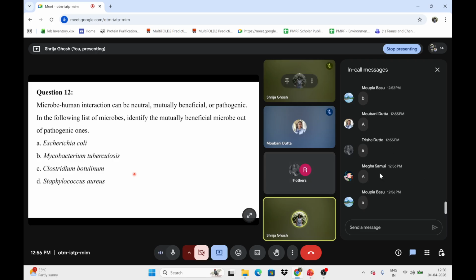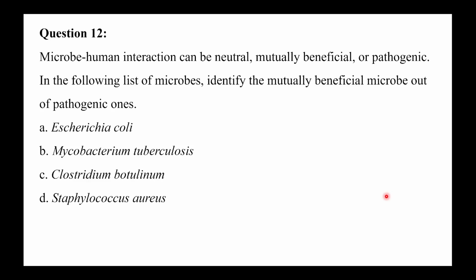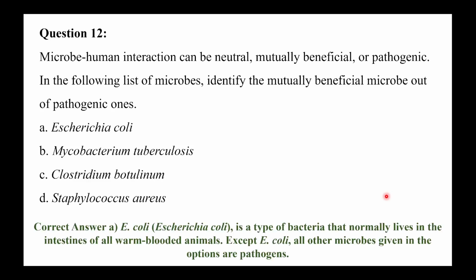Okay, I see four of you have answered option A, Escherichia coli. Anyone else want to answer? The correct answer is option A, Escherichia coli, or E. coli. It is a type of bacteria that normally lives in the intestine of all warm-blooded animals.